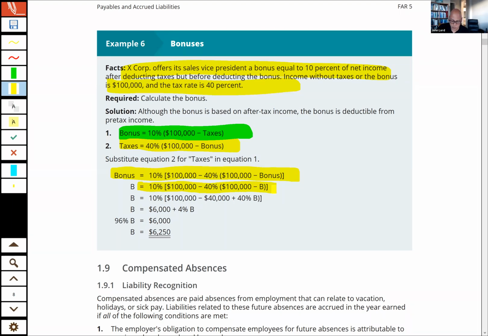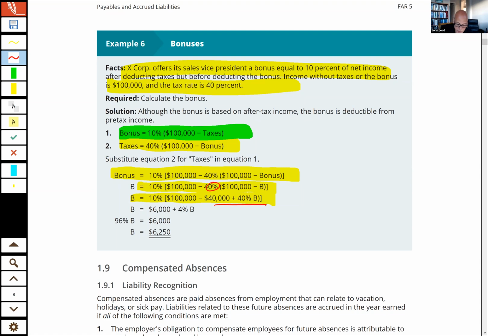Because I get to deduct the bonus for determining my taxes. And so then I go ahead and take the bonus is 10% times 100,000 minus 40 plus 40% of the bonus, just applying that 40%, right, to everything inside the parentheses.